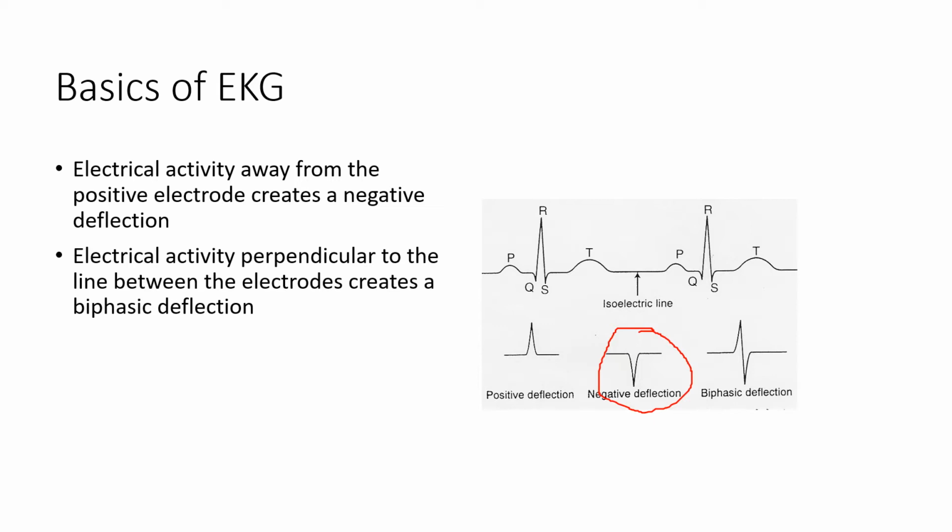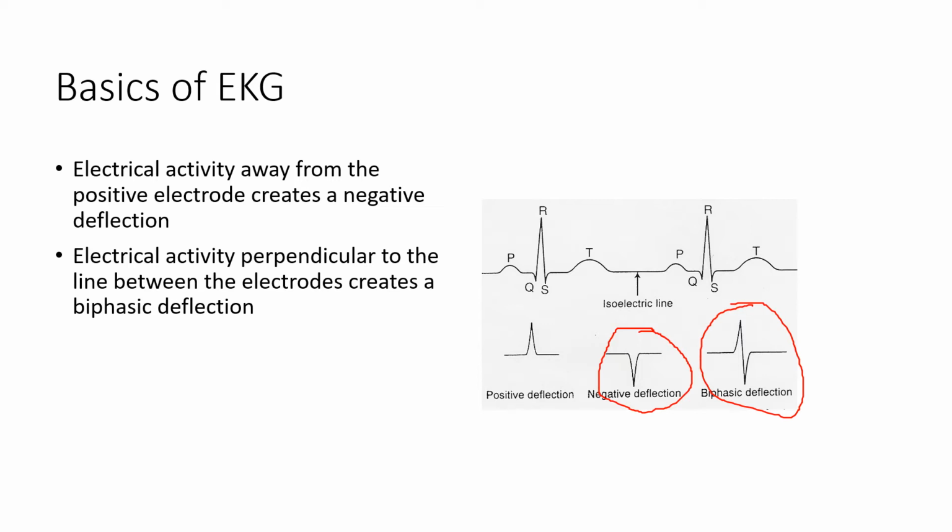So where you're placing the leads, it's actually looking at that part of the heart, or between two electrodes in that direction. So some of them are looking from a positive to a negative, which will give you a negative deflection. Some of them are actually in between or perpendicular to the electrodes, and that will give you what we call a biphasic deflection, where it's part up, part down.